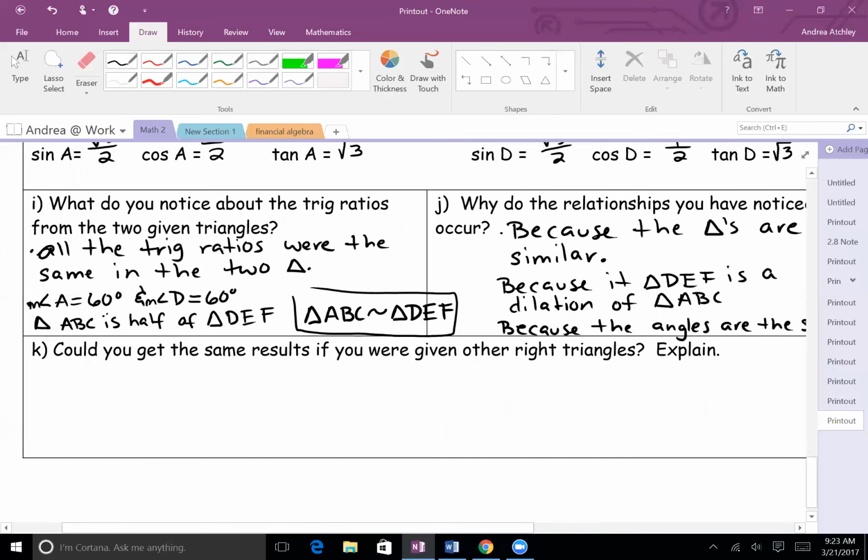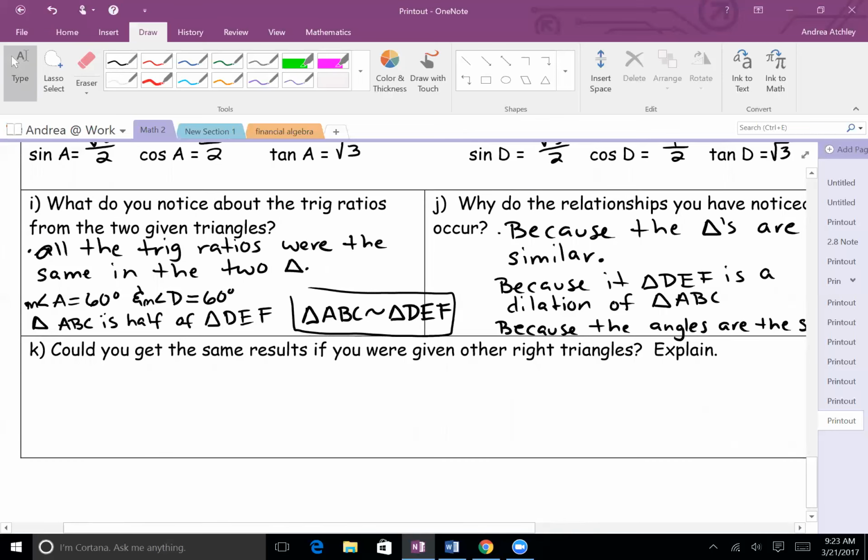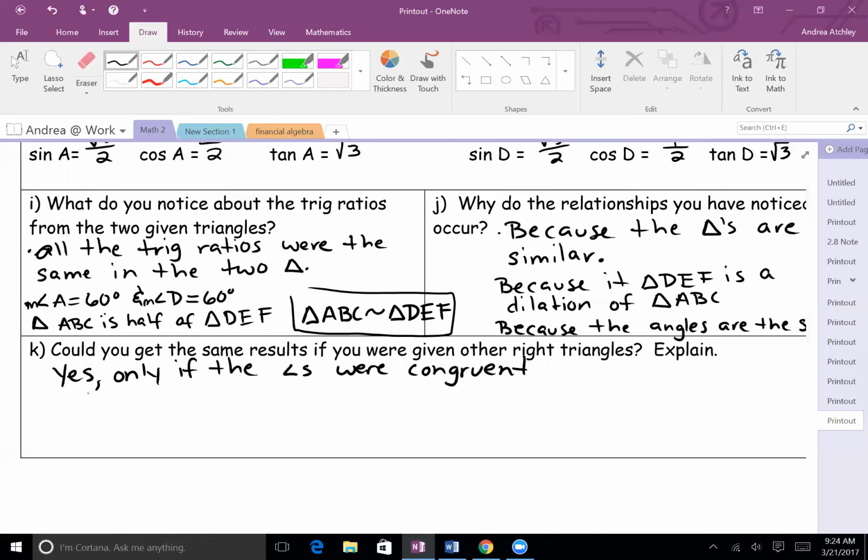Okay, could we get the same results if we were given 2 other triangles? And if so, what do we need? Equal angles. Okay. Only if the angles were congruent. Any other things you could think of?